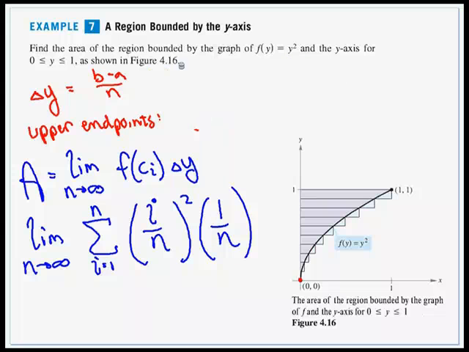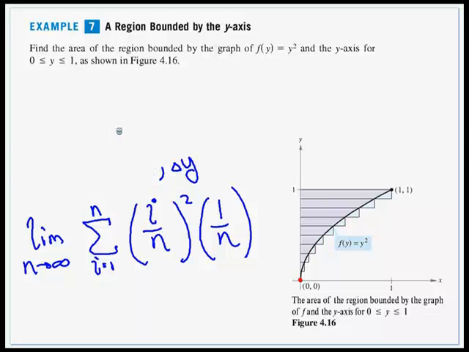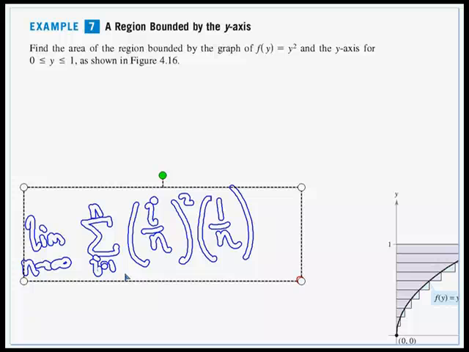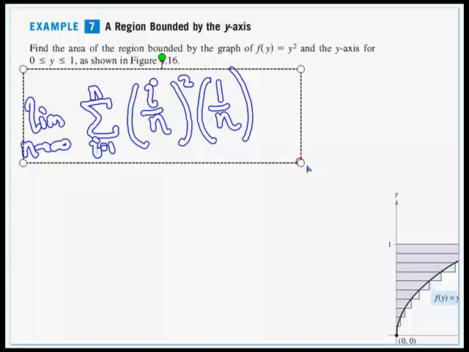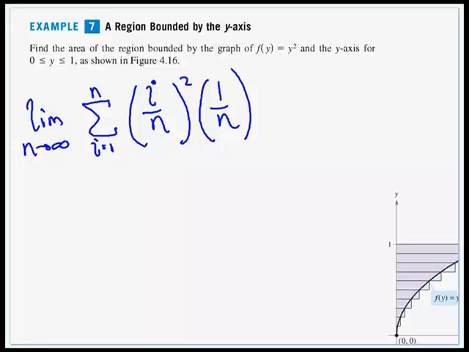So let me get a little of this out of the way. And remember, anything that is n, we can drag out to the front. So we're going to have our limit as n goes to infinity. I'll leave some room here to the left of our summation from i equals 1 to n. So this is a quantity squared.